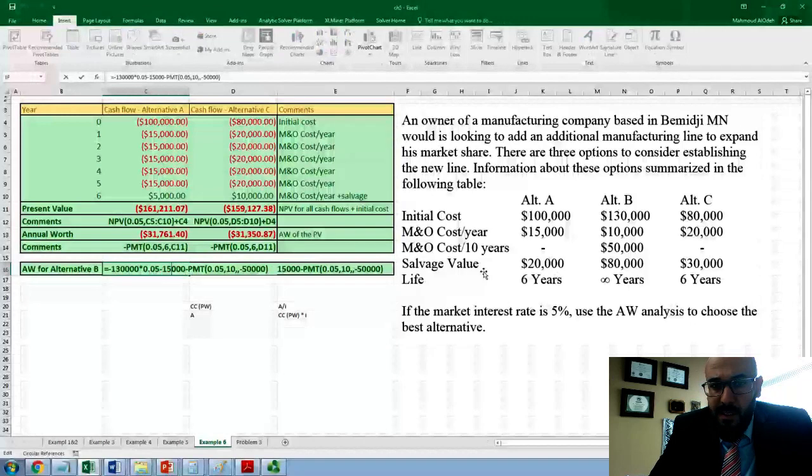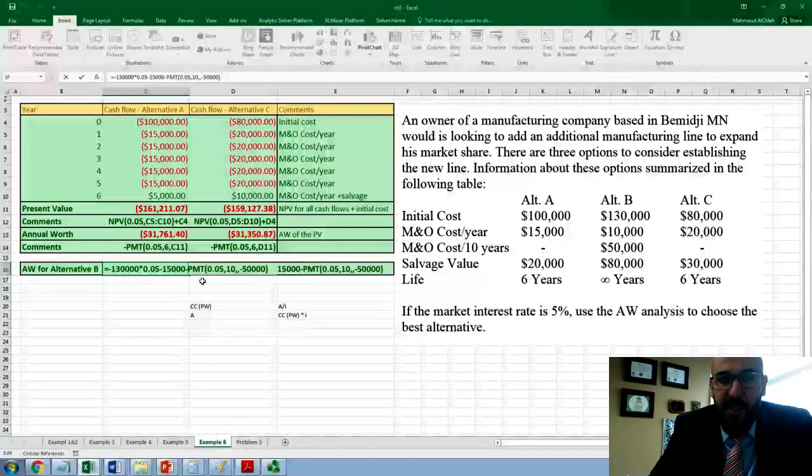For the maintenance and operation every 10 years, we have to find the equivalent of the 50,000. Also use the PMT function, negative PMT, 5%.